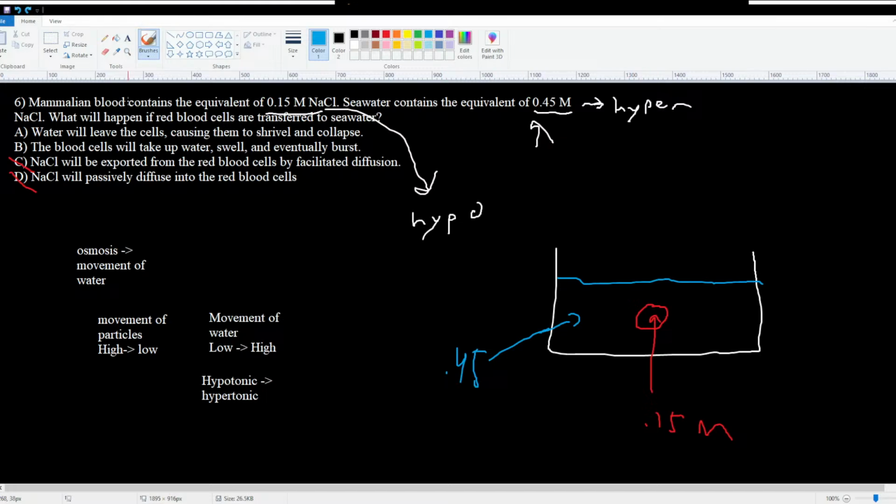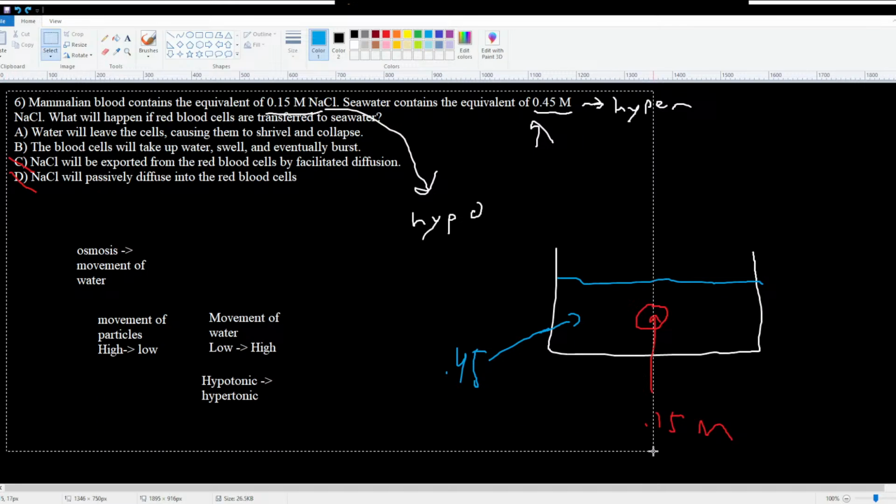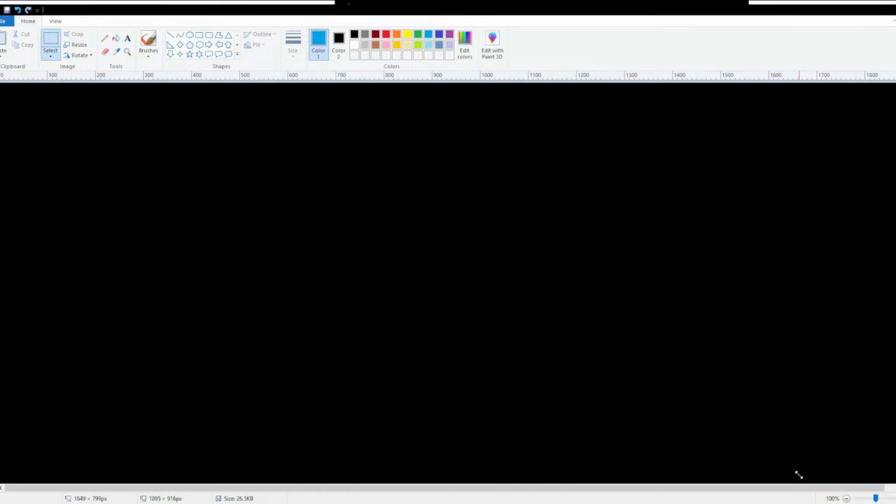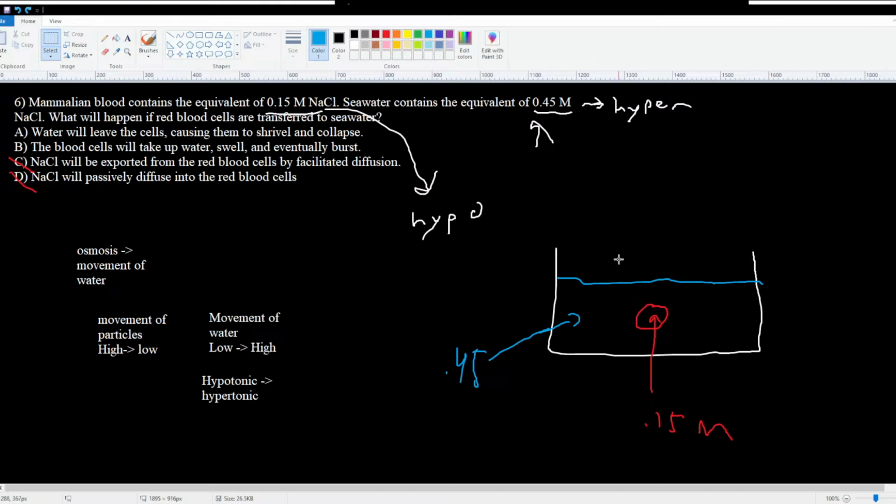So yeah, that was your review over tonicity. And actually, one more thing. So let's say both the blood cell and the water had a concentration of 0.15 molar.